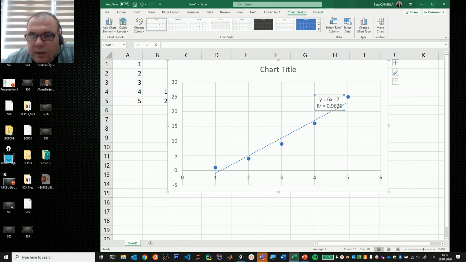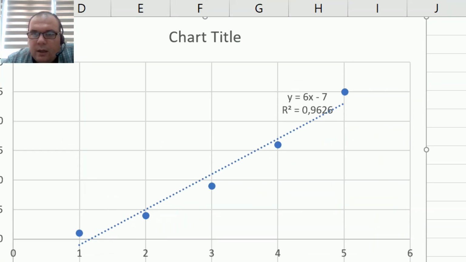This gives us the equation, and I think you cannot see. Okay. We have this equation, y equals 6x minus 7, which matches our values b0 equals minus 7 and b1 equals 6. It's also a very accurate line, with an R square value of 0.9626.